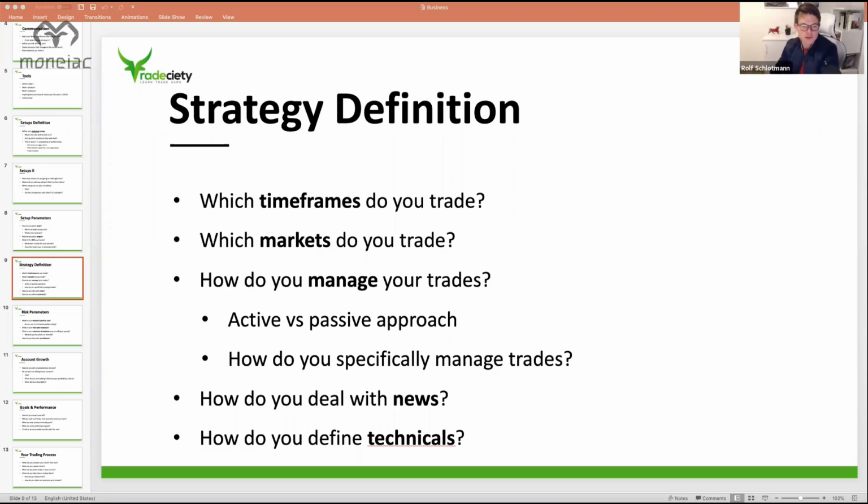Yeah, the last point, how to define technicals, is very important. You need a set rule of technicals, so it doesn't take too much time, but you really need to define it. When you draw a pattern, what are the definitions that you require? What do you accept as a support level? What do you accept as a boundary or a neckline of a head and shoulders, for example?